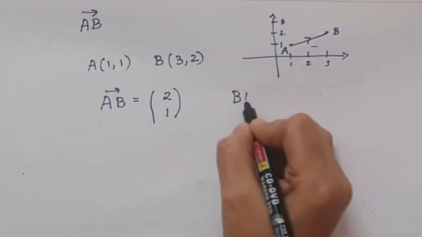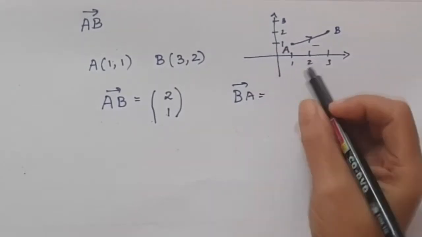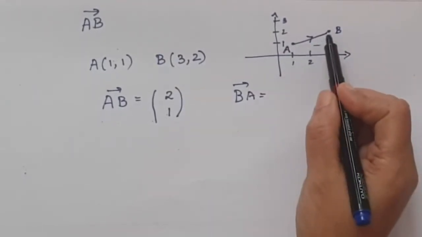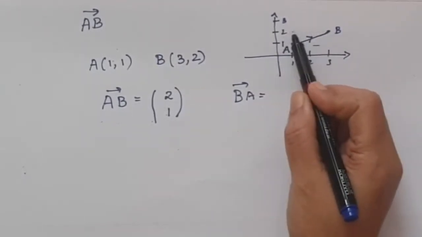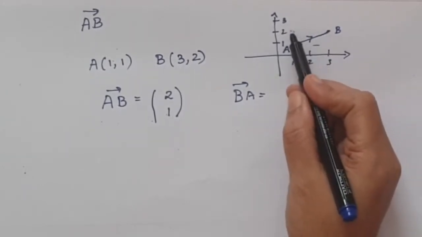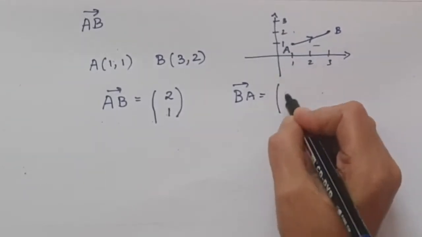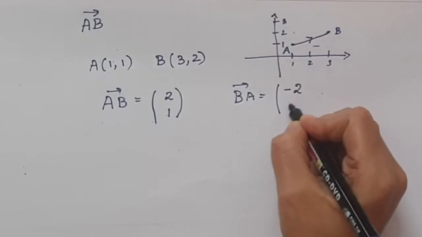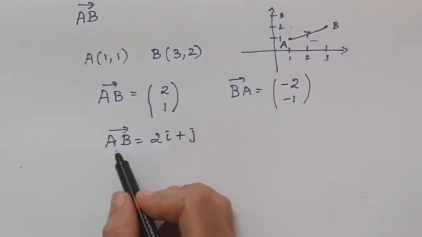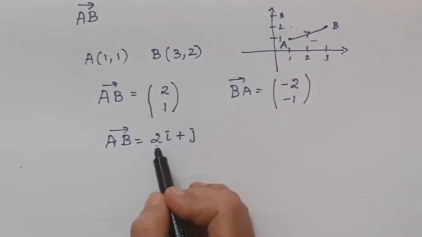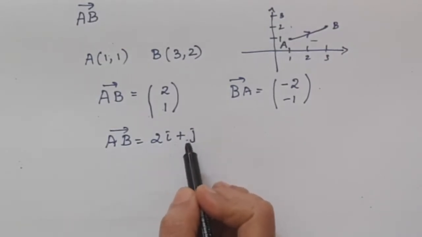Suppose we need to write vector BA. BA means from B to A. From B to A we are moving to the left and downward: 2 blocks to the left and 1 block down. So it is (-2, -1). This vector AB we can represent as 2i + j.